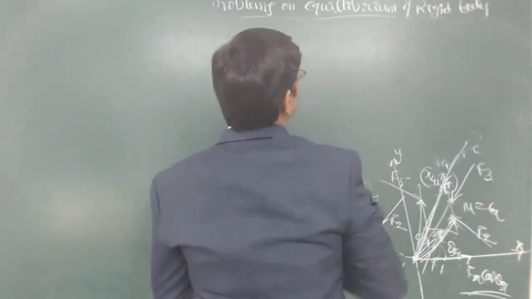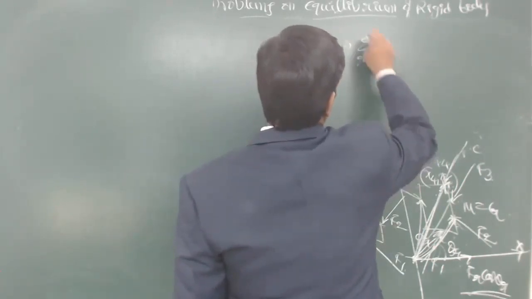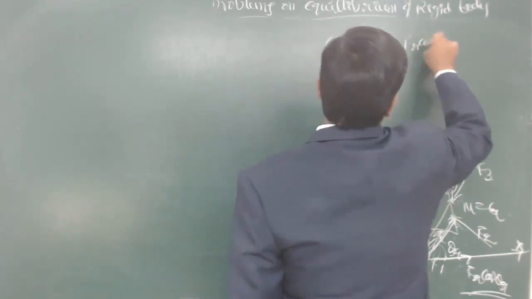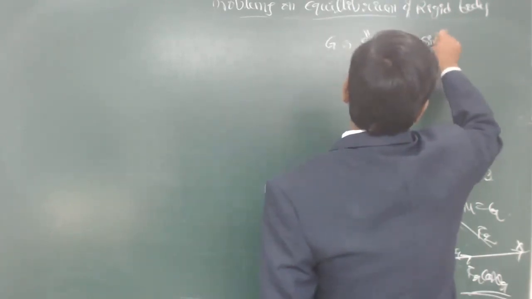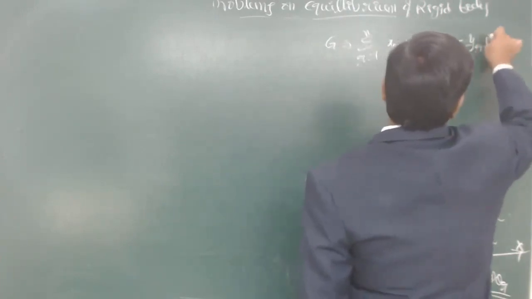So we have got the g value as sigma r equal to 1 to n, xr fr sin theta r minus yr into fr cos theta r. Now the h value we can calculate.